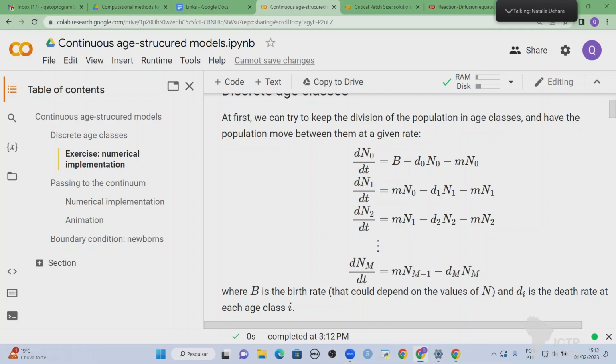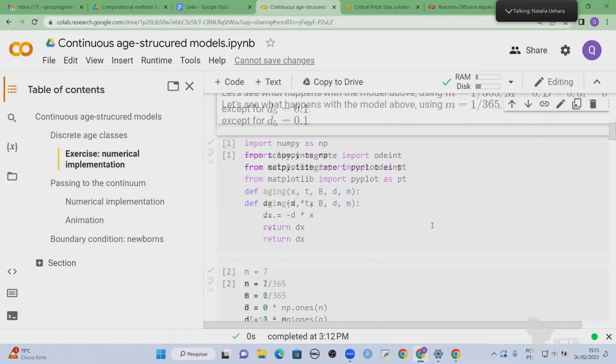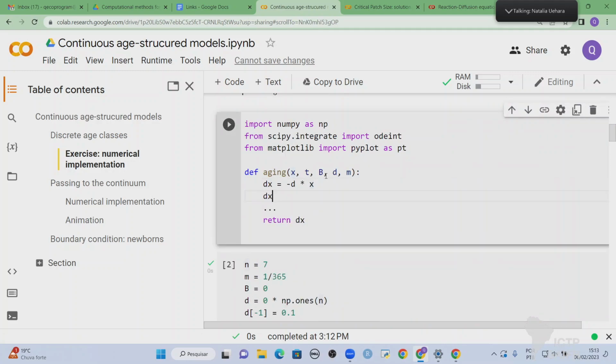But then I don't have this term minus m times itself in the last equation, you see? So I have to just subtract m times x itself for all the equations except the last one. So how do I do this? I take this dx here and I subtract m times x. But I don't want to do this for all of the x. I want to exclude the last one.